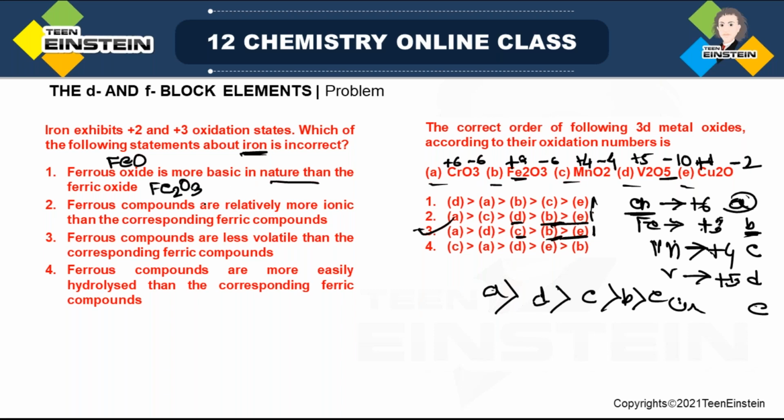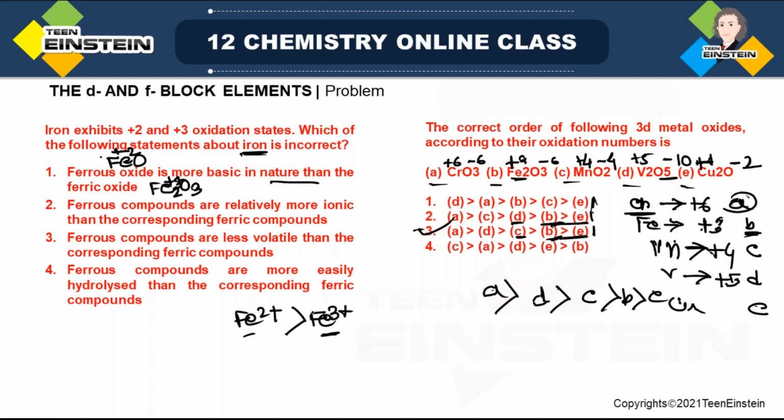Now it is saying that ferrous oxide is more basic. Whether it is more basic or not, how to understand? Just find out the oxidation state. Here the oxidation state is +2. There the oxidation state is +3. Now when the oxidation state is high, it will be more electron deficient. That means if you compare Fe2+ and Fe3+, 3+ is electron deficient, so it will have more acidic nature, and Fe2+ will have higher basicity.